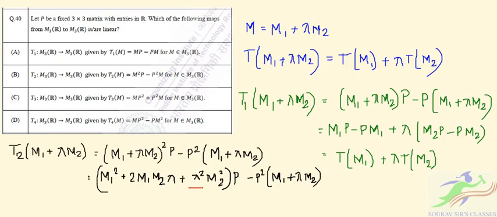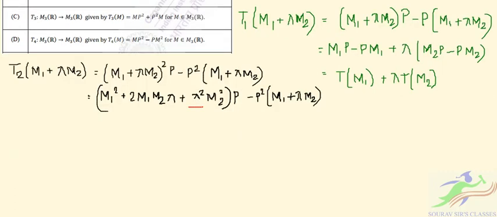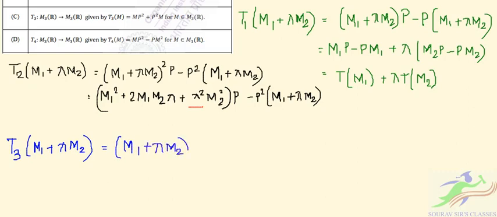Now coming to option C. For this, T3 of M1 plus lambda of M2 is M1 plus lambda of M2 times P square minus P square times M1 plus lambda M2.